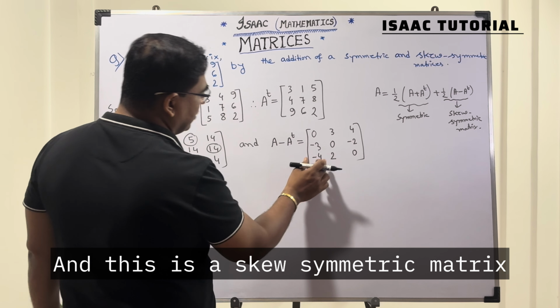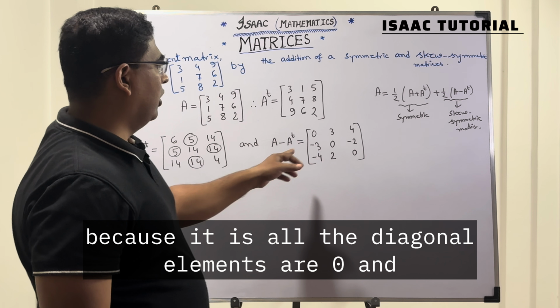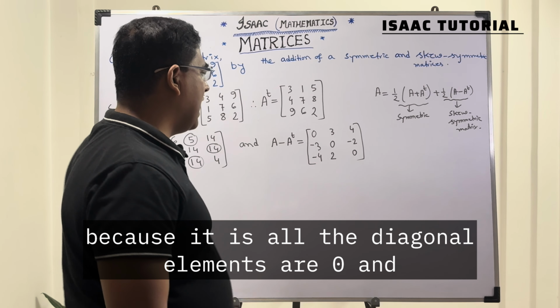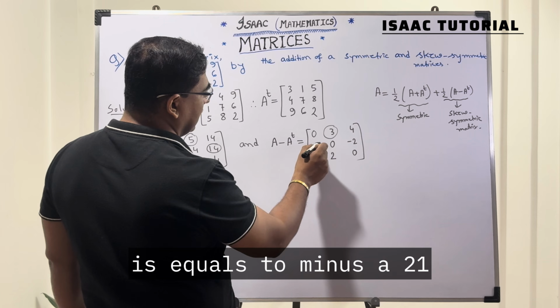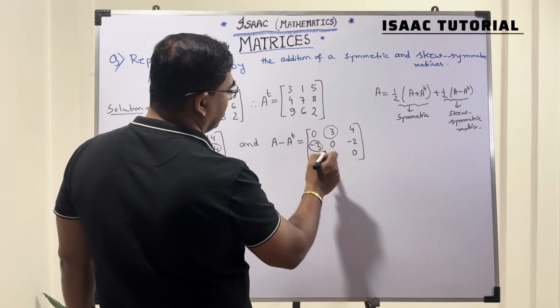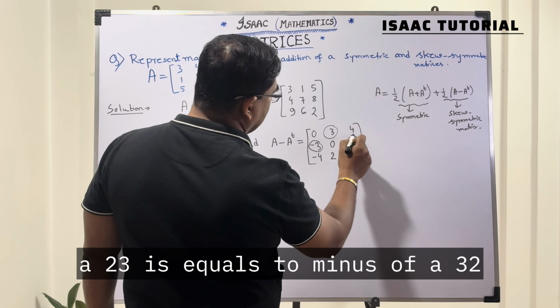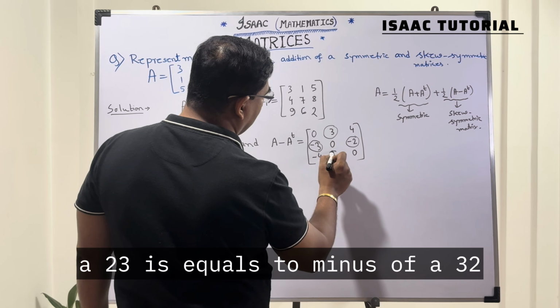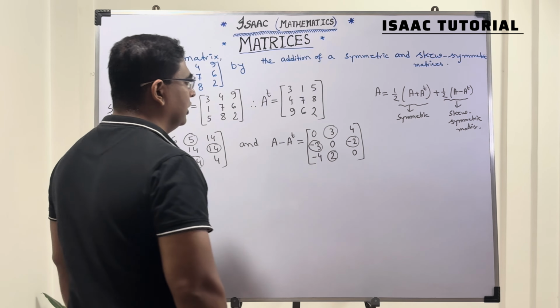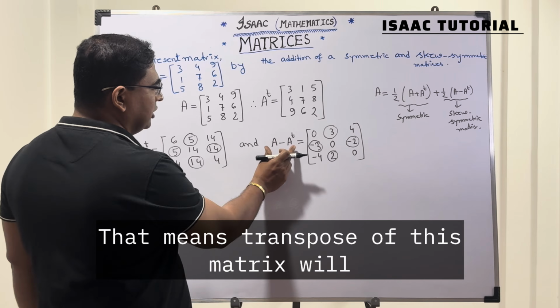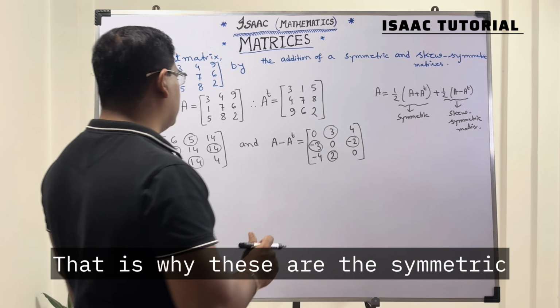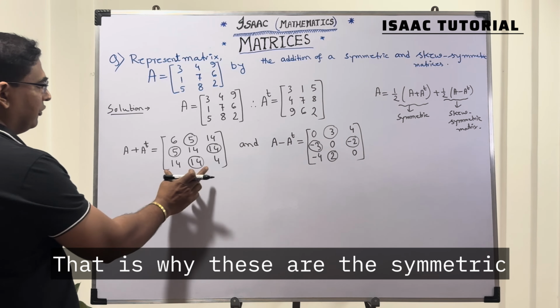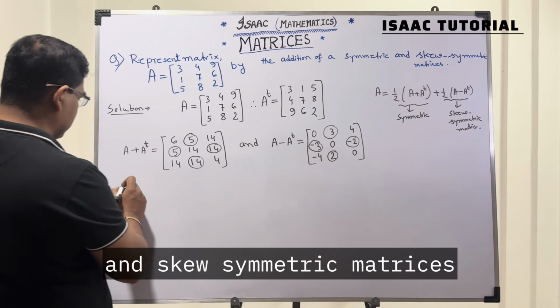The second is a skew symmetric matrix because all its diagonal elements are 0 and A12 is equal to minus A21, A23 is equal to minus A32, that means the transpose of this matrix will give the negative of this matrix. That is why these are the symmetric and skew symmetric matrices.